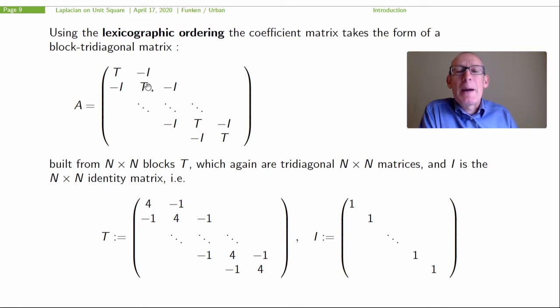So this gives the -1 in the row above, where the index difference is n, and also the -1 in the row below this central element, and the distance is also n. So you will end up with this structure.